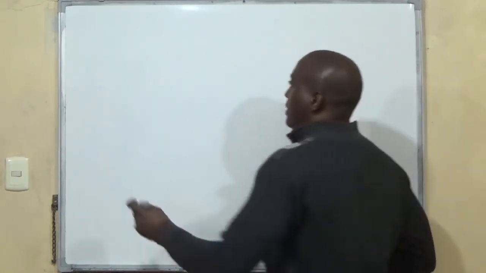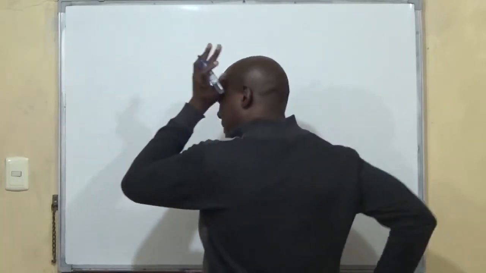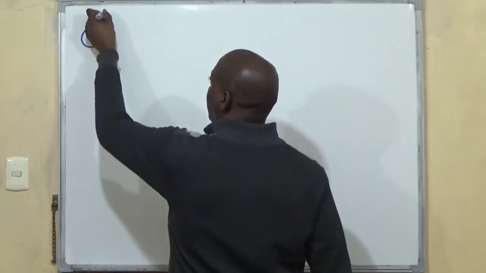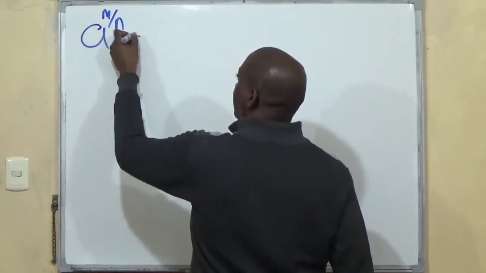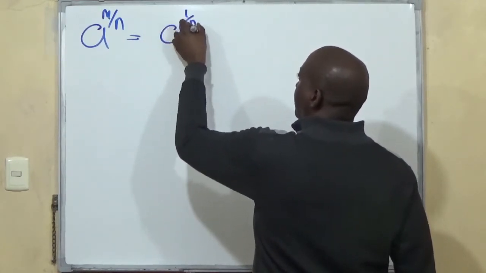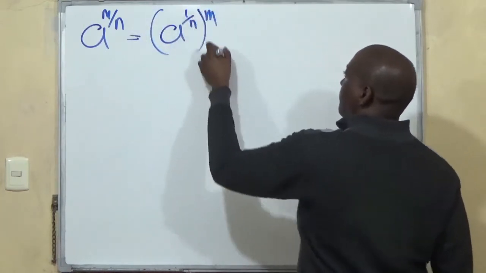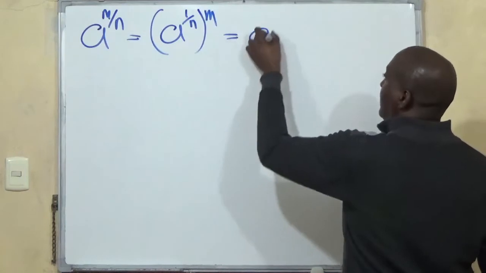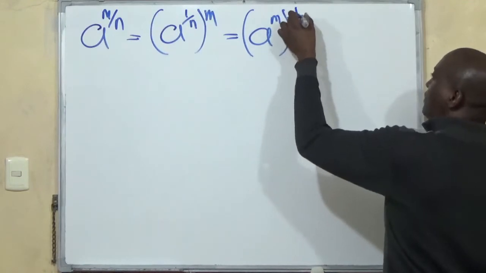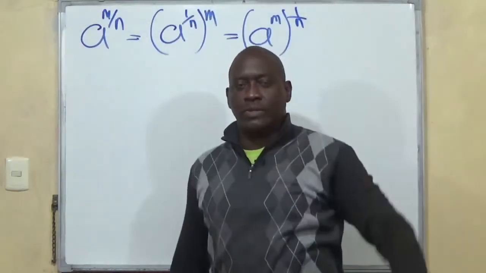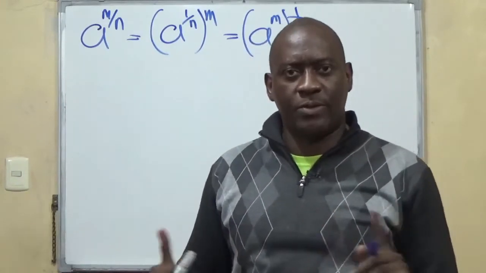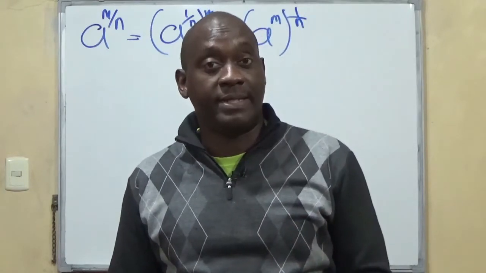If you have, let me use the general form: a to the power of m over n is equal either to a to the power of 1 over n, you take the root first, raised to the power of m, or it is equal to a, you take the power first, the power of m, and then you find the nth root of that. We went through that, we used examples, and you saw that regardless of which path we took, we ended up at the same destination.